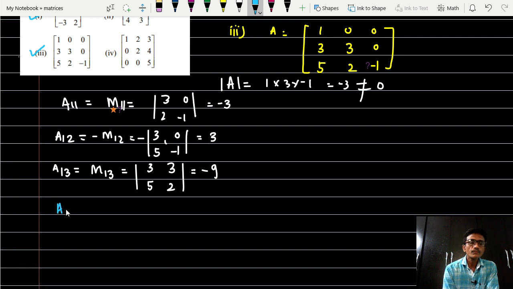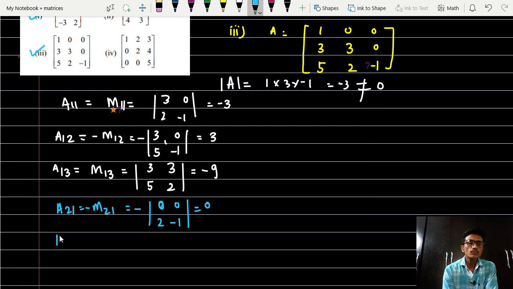A21 is minus of M21, which is minus of the value of this determinant, second row and first column deleted: 0, 0 and 2, minus 1. It comes out to be 0.